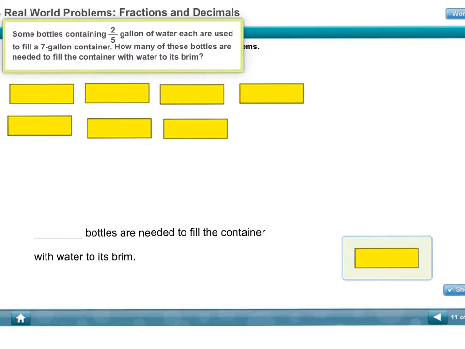So now we have some bottles, each containing 2/5 of a gallon. We're going to use them to fill a 7-gallon container. How many of these bottles are needed to fill the container with water to its brim? So I have 7 rectangles here representing the 7 gallons.